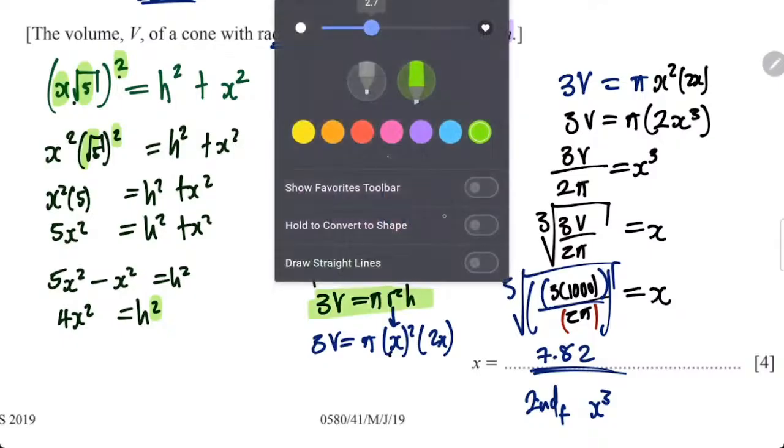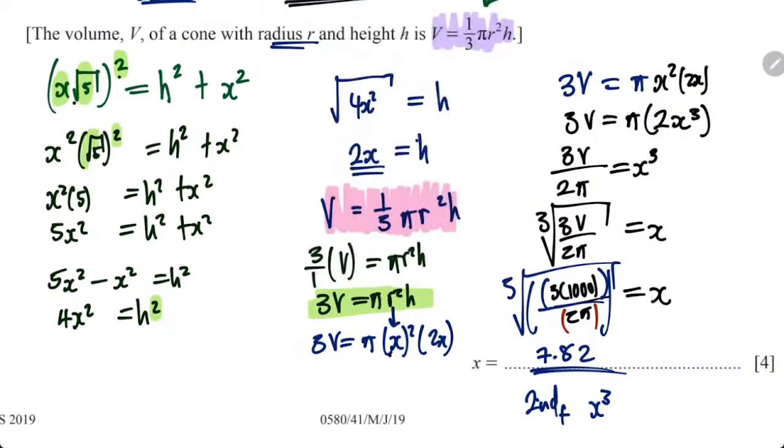Right. What does the word substitute mean? Class, what is to substitute? To substitute means to remove something and put what it means. So, I'm going to ask you a question. Here you have pi, you have r squared, you have h.